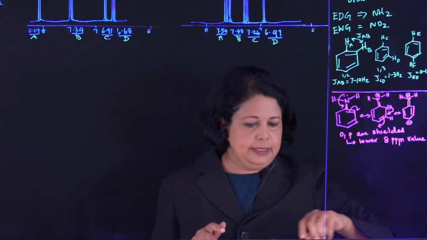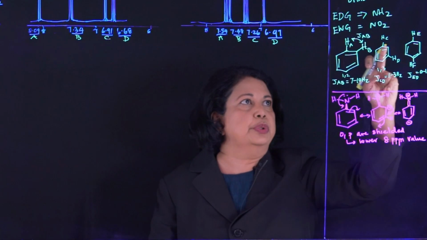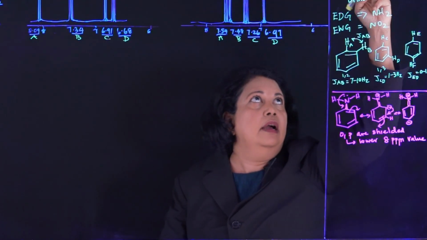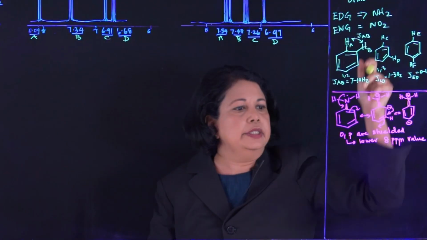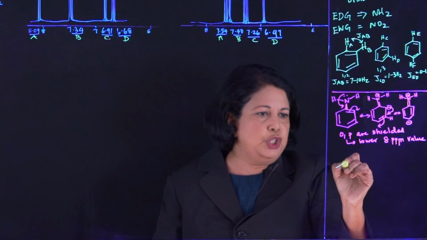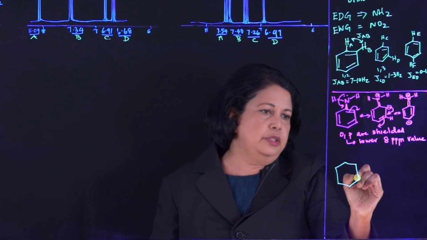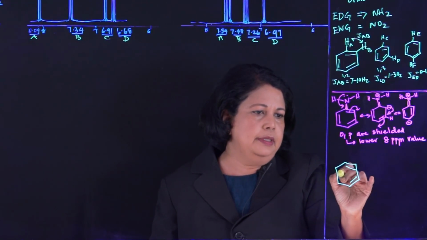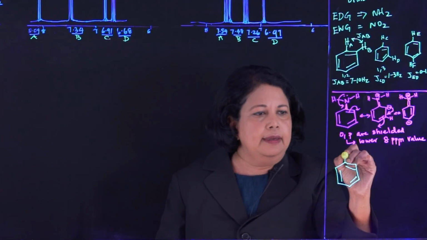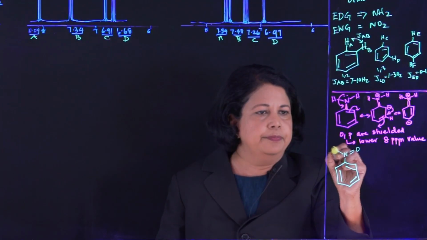Let's see what happens if you had an NO2 group. Here your electron withdrawing group can be ortho, meta, or para to that, and each situation would be different. But this is just to review what could happen with the nitro group inside a ring. So let's say I have a nitro group here.